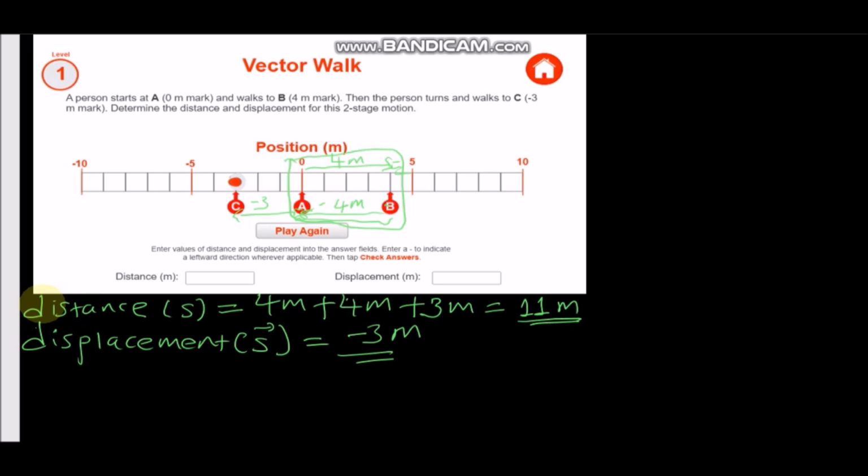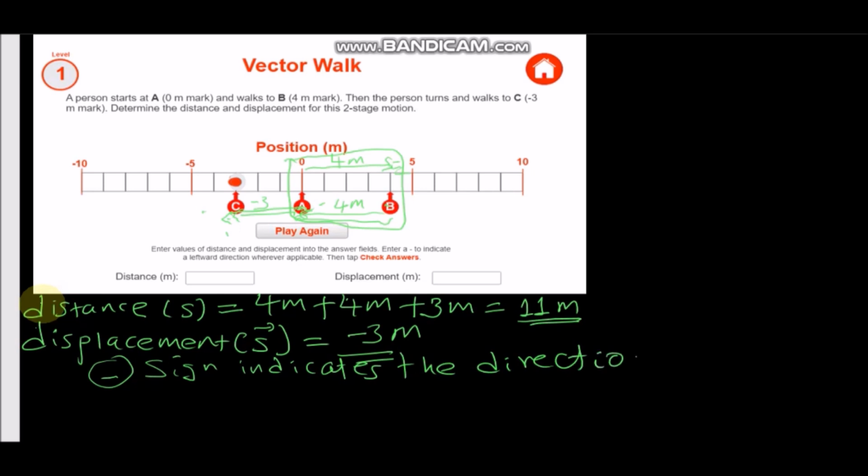Here the displacement is 0. Then finally the final position from point A to point C, the person goes minus 3 meter. This minus sign indicates the direction. That means towards the west. Okay.